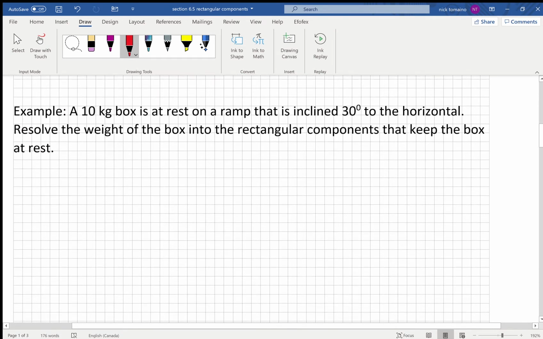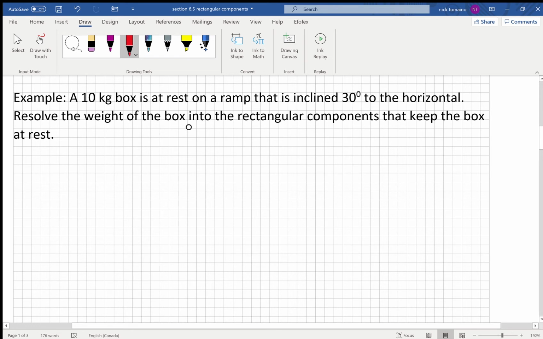All right, so first example, a 10 kilogram box is at rest on a ramp that is inclined 30 degrees to the horizontal. Resolve the vector into its rectangular components that keep the box at rest. All right, so no problem here. We will draw it out. So we have our ground.